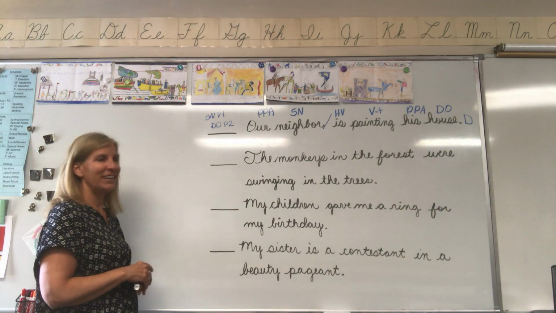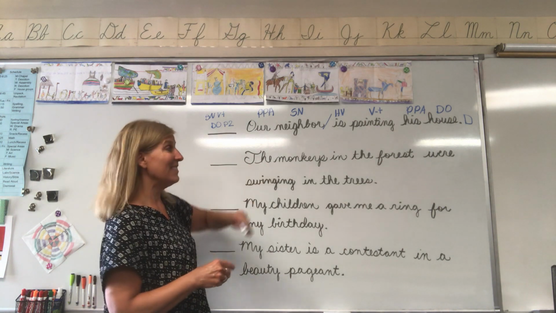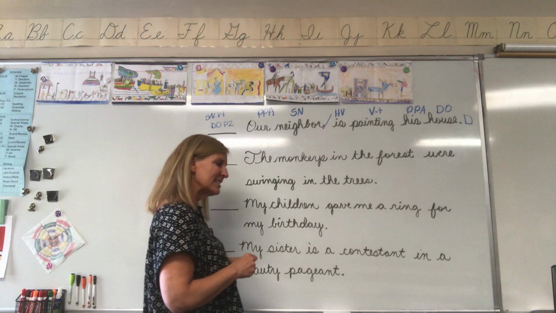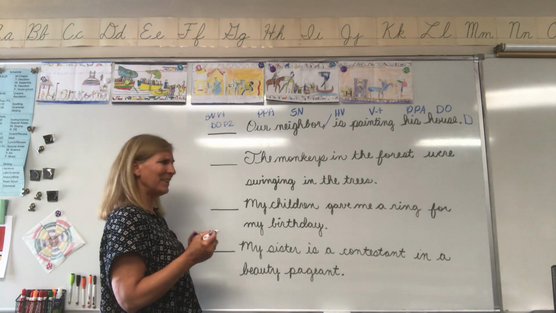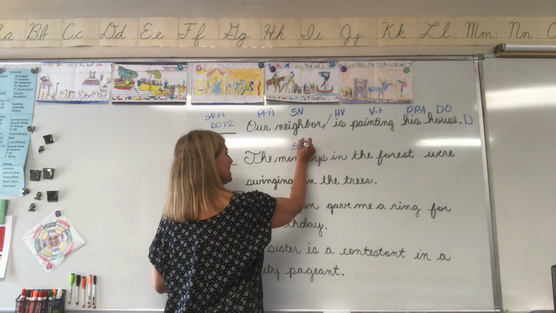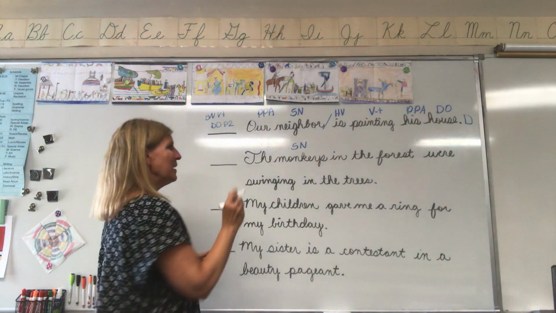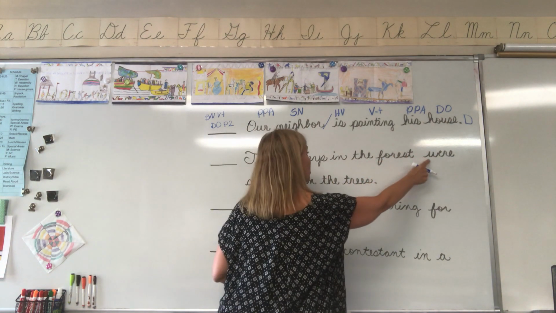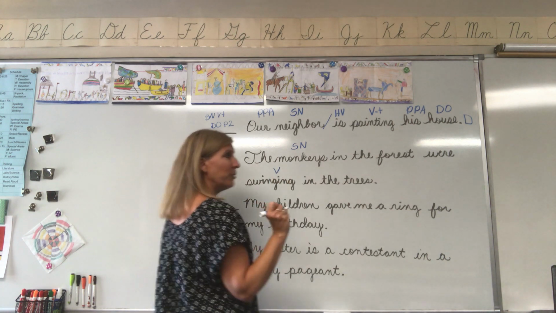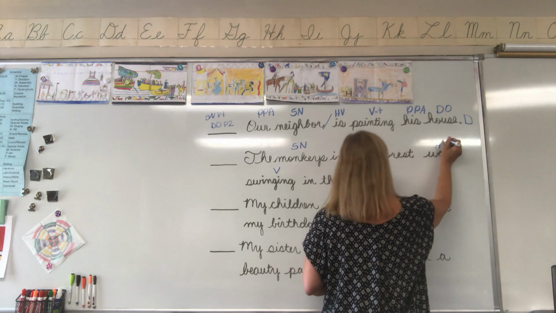It's about my favorite animal. Let's read it. The monkeys in the forest were swinging in the trees. What were swinging in the trees? Monkeys. Subject, noun. What is being said about monkeys? Monkeys were swinging. Swinging is our verb, and were is a helping verb.